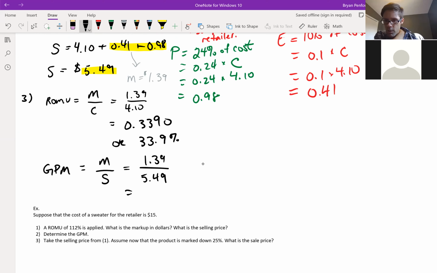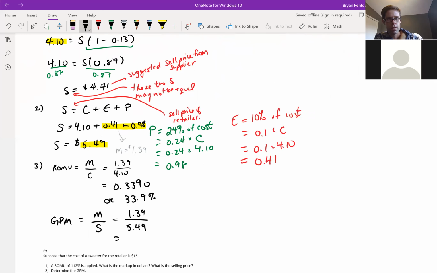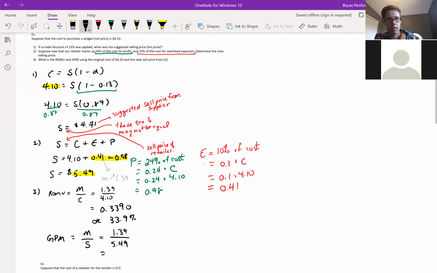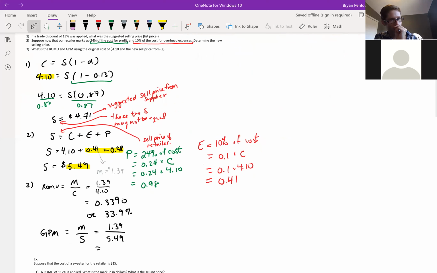So why could we not use the information from part 2 to add the percentages and equal 20.24 and 0.1? That would, let's see, would that be true? Okay, let me calculate this percentage first, Megan.